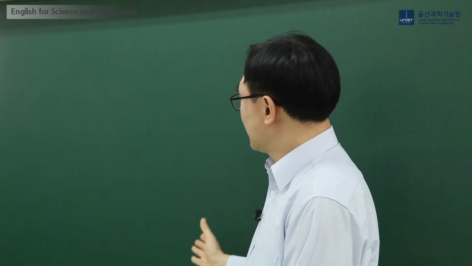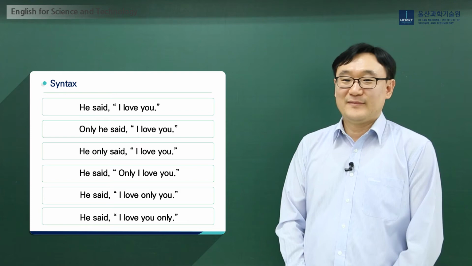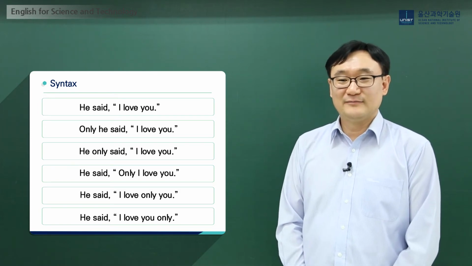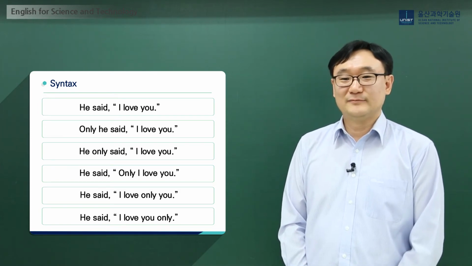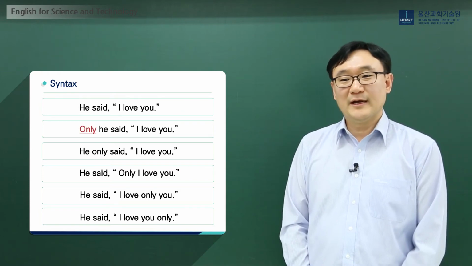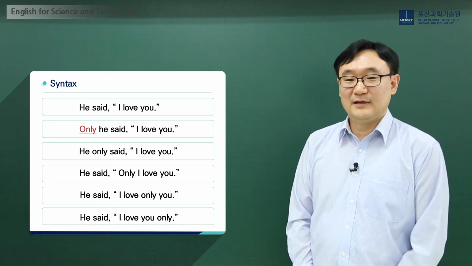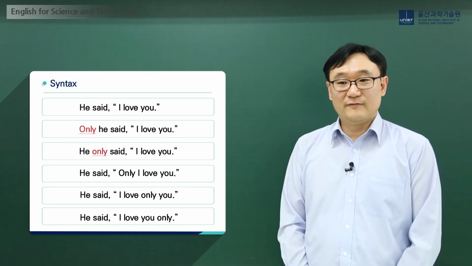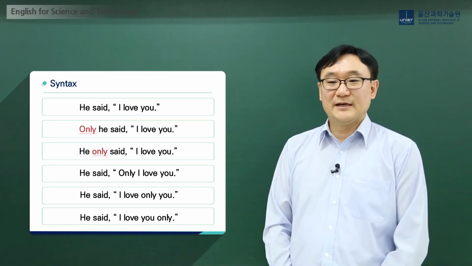Take a look at these examples. He said, I love you. That's good. Only he said, I love you. This means no one else said it. He only said, I love you. This means he said nothing else.